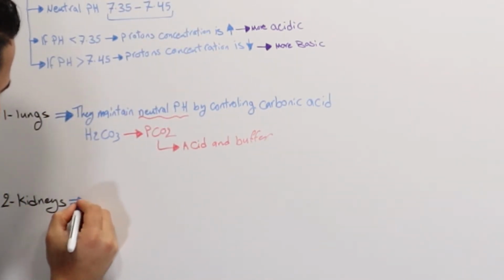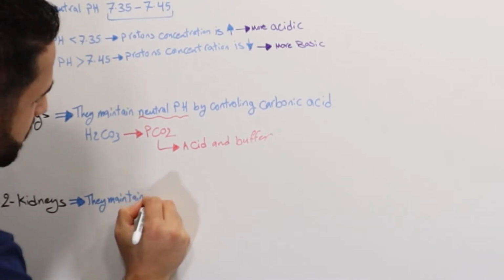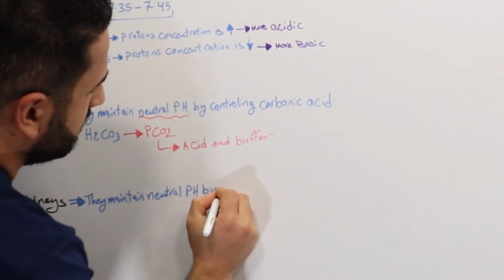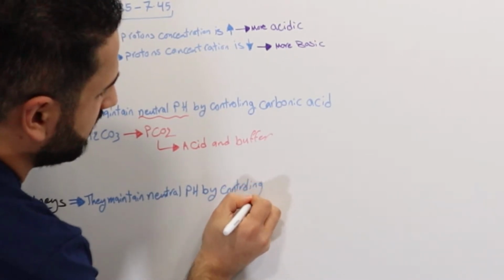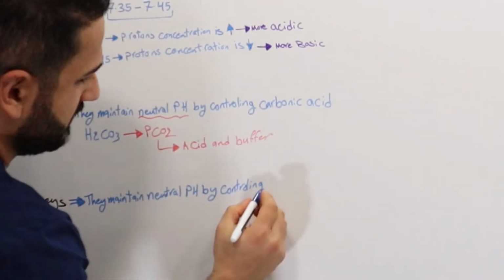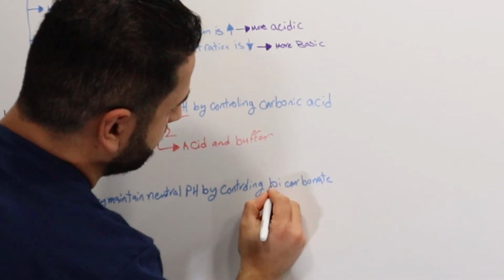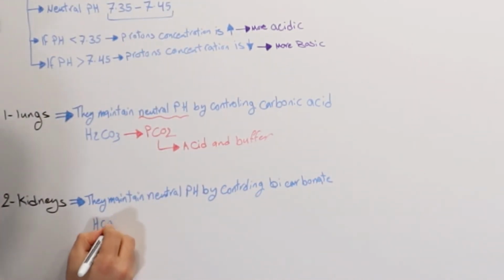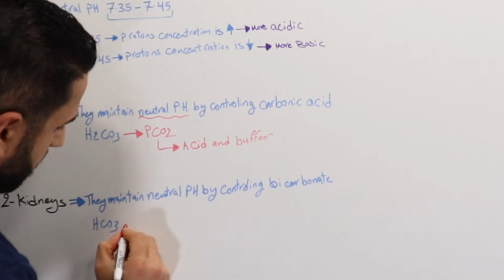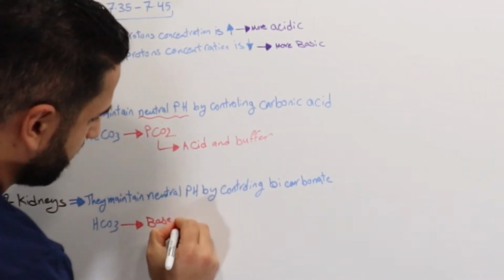The kidneys maintain neutral pH by controlling the absorption or elimination of bicarbonate, which is HCO3. HCO3 acts as a base, and it's also a buffer.